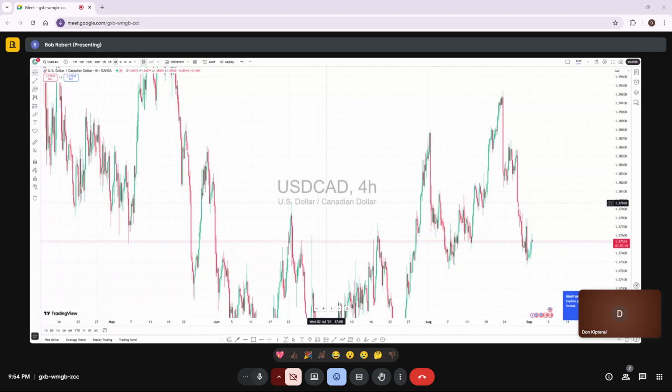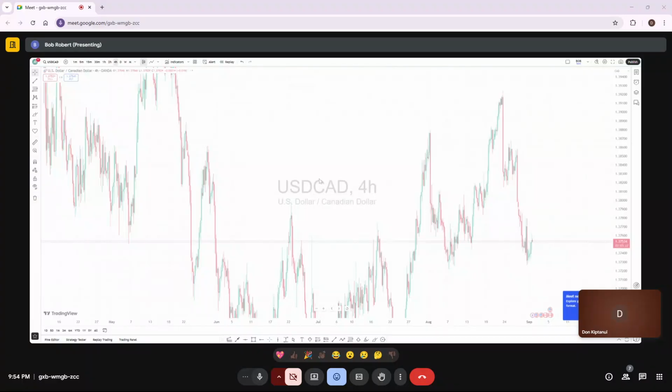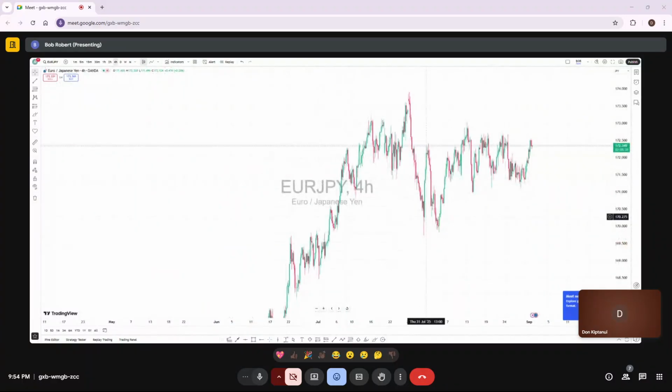Let me use EUR JPY. So the first statement that I've given is you are supposed to check for a supply or demand zone in a higher time frame. And in this case, the higher time frame can be either 4 hours or daily time frame.